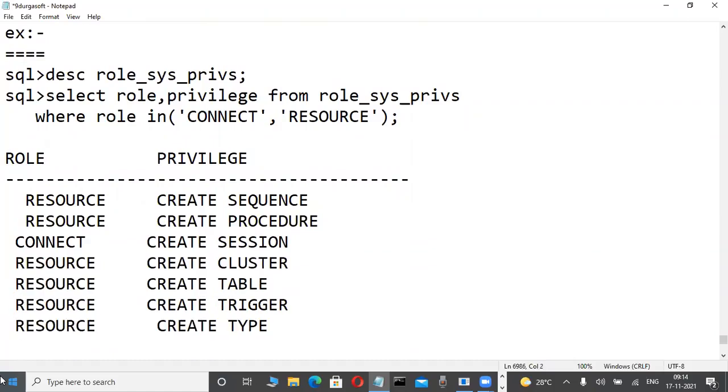This is helpful on the database administrator side, not the developer side, but from the developer entry point of view, I have completed a part. Here, write connect comma resource in capital letters. This connect comma resource is used where you are not using a database administrator, when creating a user.